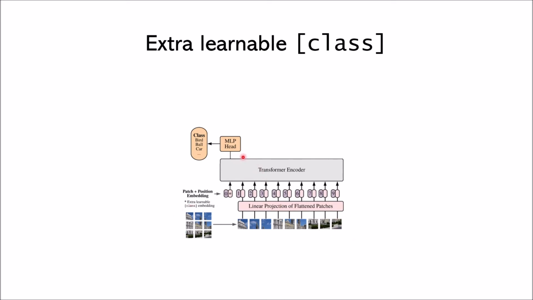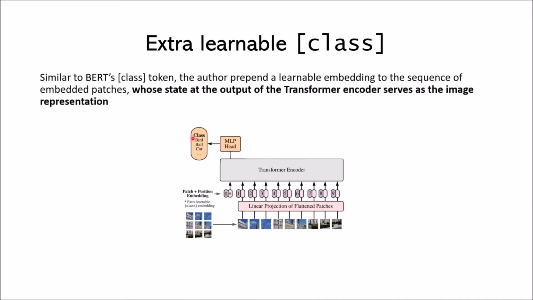So of course we cannot choose one of these outputs, because it will be biased towards certain patches. Therefore, we add this dummy, calculate it together with the transformer, and then we can use this output and do the classification. Actually, this is similar to what BERT, the NLP language model, does for its classification also. So as you can see, we use this output to do the classification, to serve as the image representation.